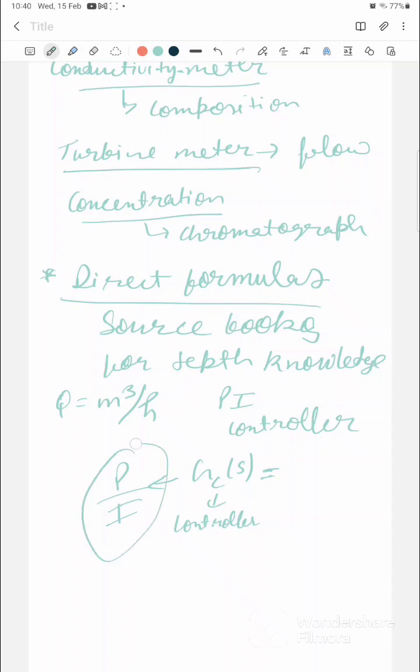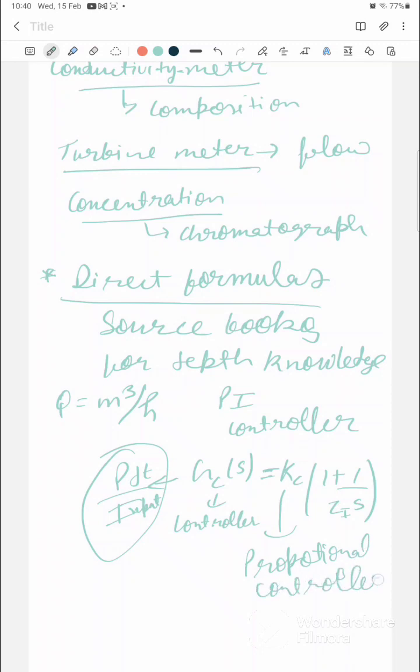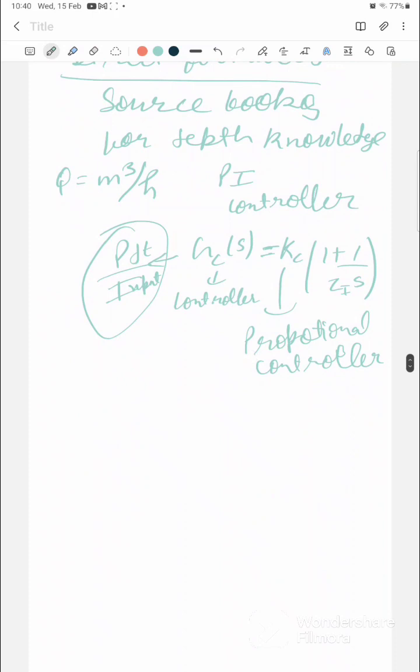So this is the simple output upon input function. Gc(s) is defined as Kc (1 + 1/(tau_I s)). Kc is the proportional controller gain.